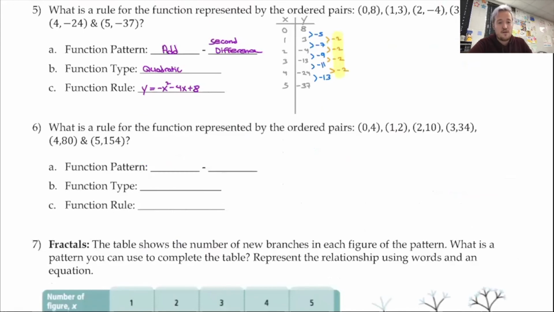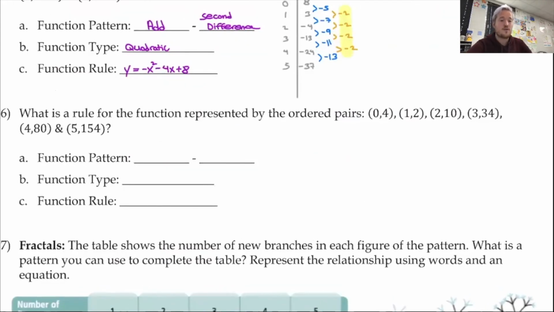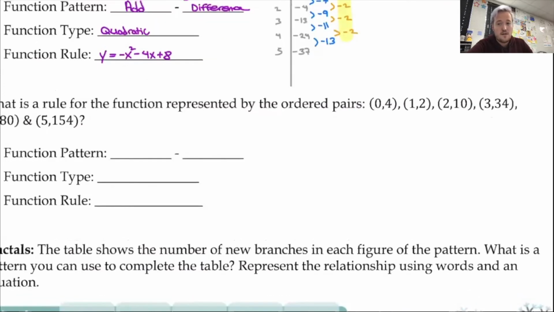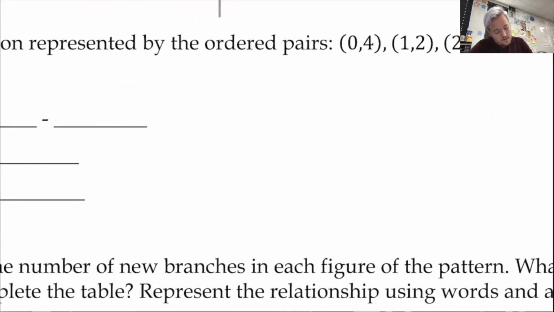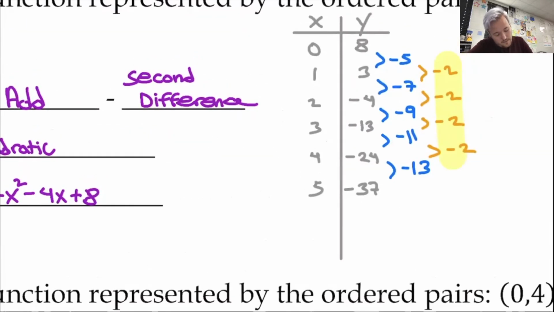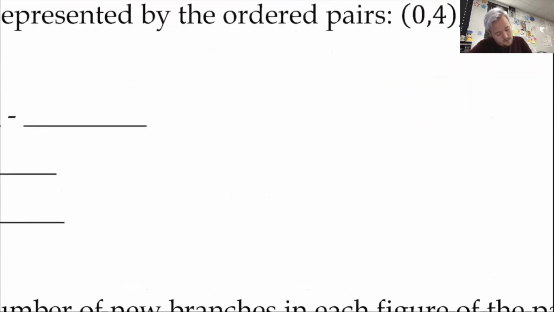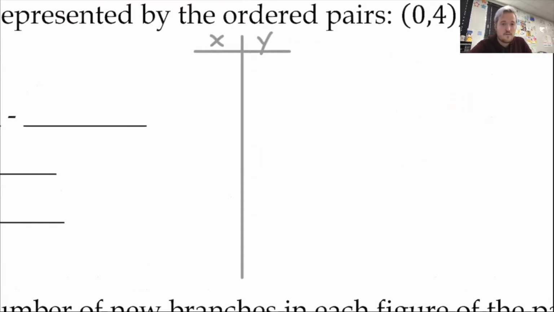All right, so now we're here for number 6. I want to find the rule for the function represented by the ordered pairs. Okay, so same idea. I'm going to see if I can just copy and paste this table so I don't have to redo it. There we go. Just on the off chance I have to do a bunch of differences, I'm going to move it over to the left.